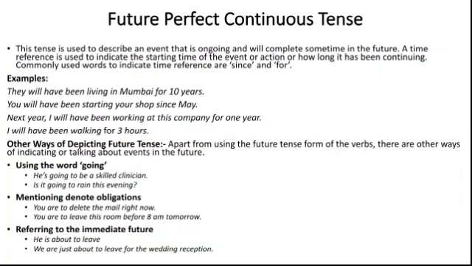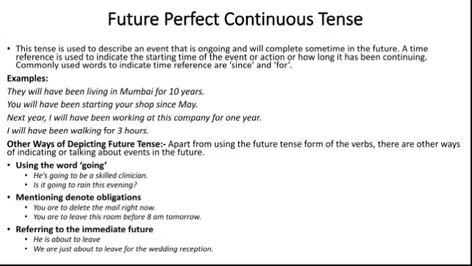Now last is future perfect continuous tense. So in this tense we will see the use of since and for, that I have already explained in my previous videos. The uses of since and for are very clearly explained in the previous videos. Future perfect continuous tense helping verb is will have been plus verb's ing form.